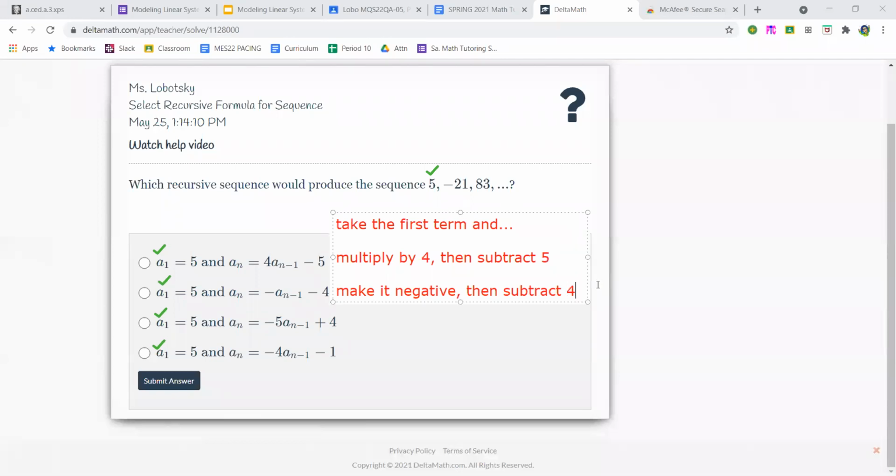Okay. The next one is take the first term, multiply it by -5, then add 4.